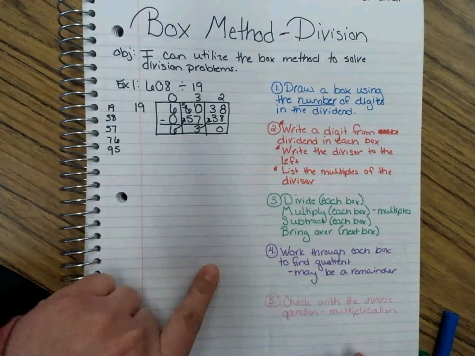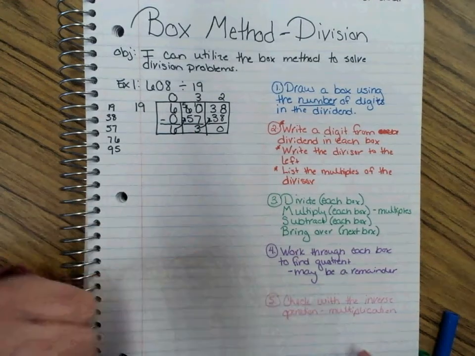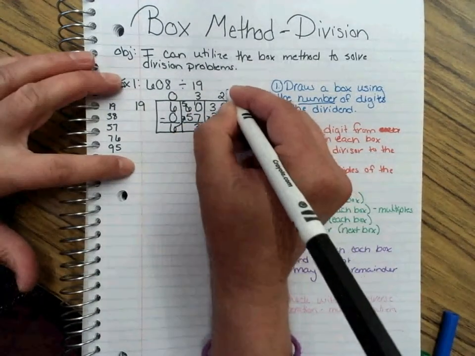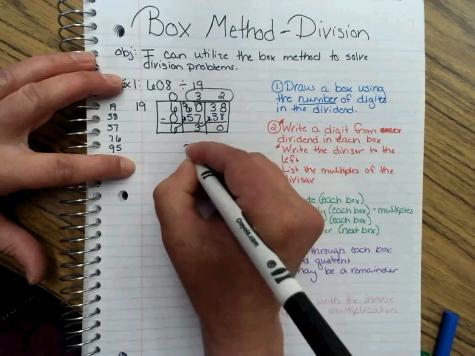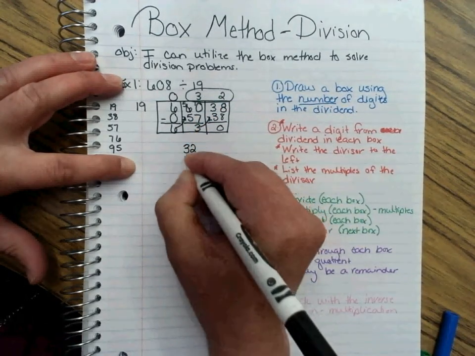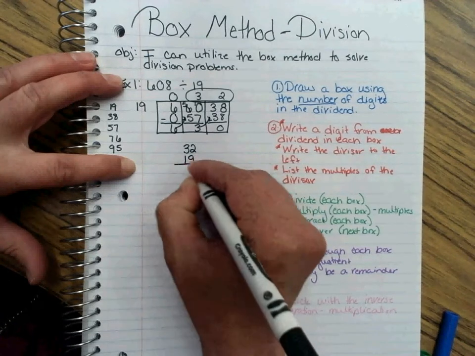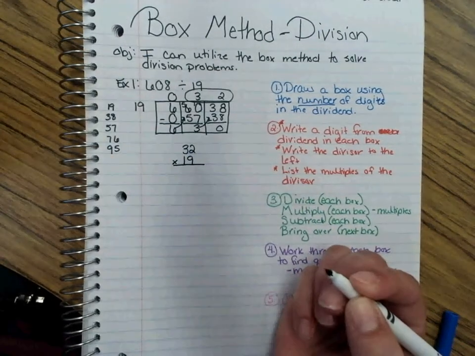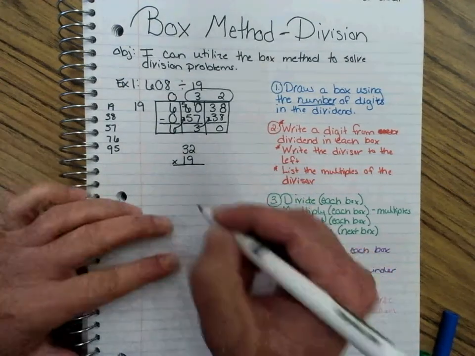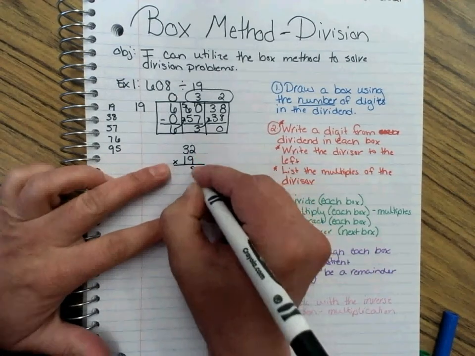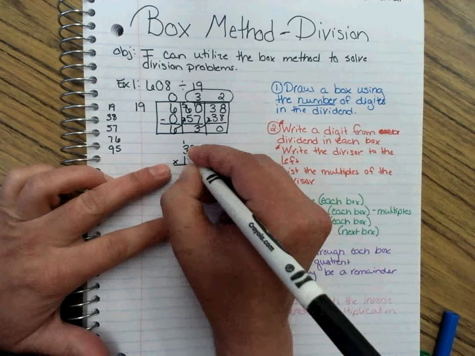Okay? And now I've got to check with the inverse operation. So my quotient here is 32. So I'm going to check. So I'm going to do 32 times 19, and see what I get. I should get 608 if my quotient is correct. So 9 times 2, 18. 9 times 3, 27, 28.